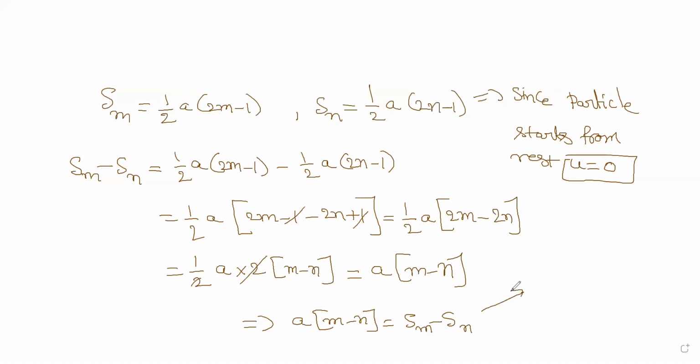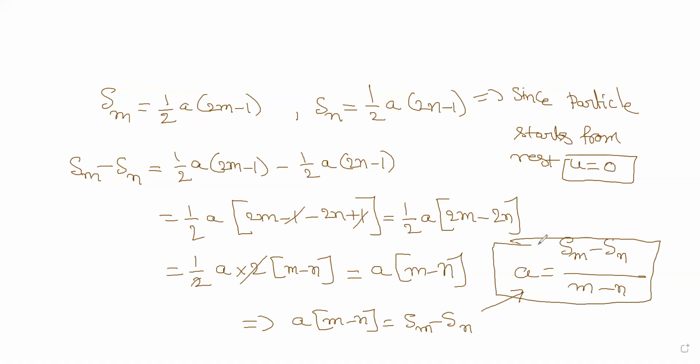So a is equal to Sm minus Sn divided by m minus n. You got it.